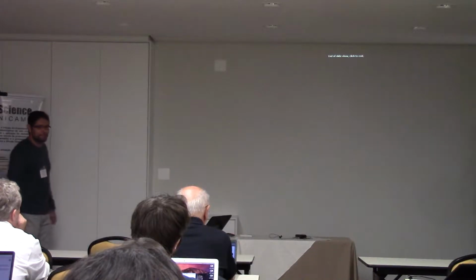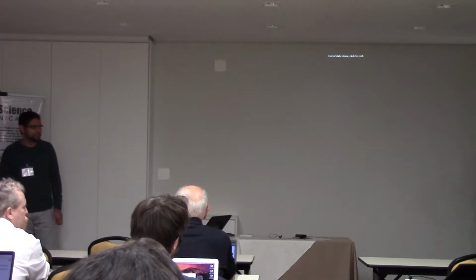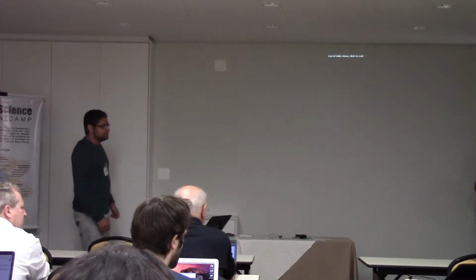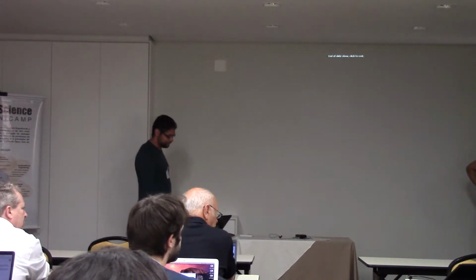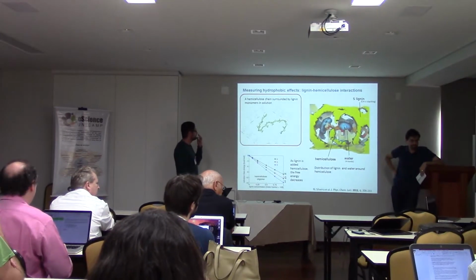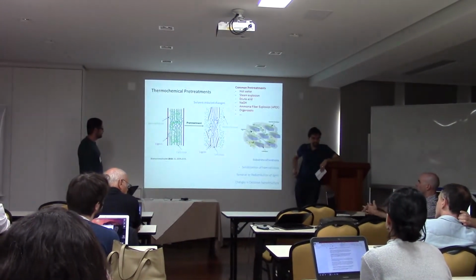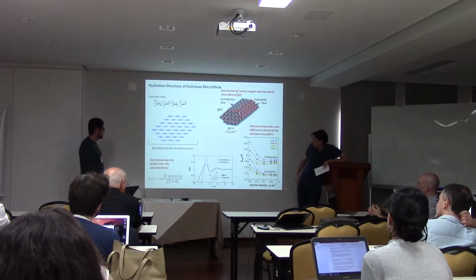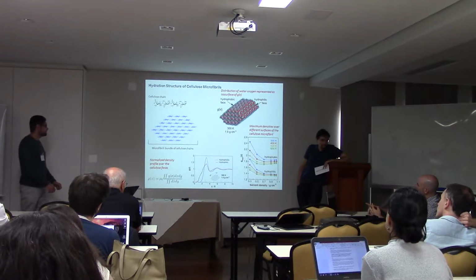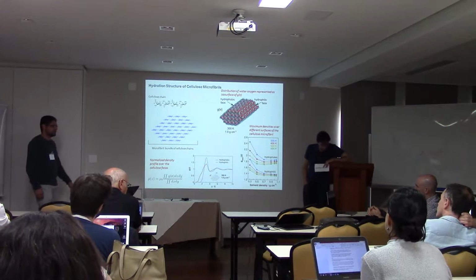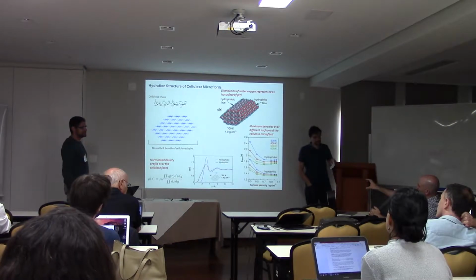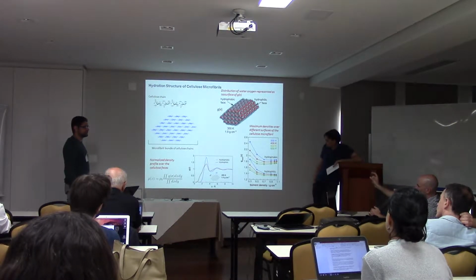Questions? Near the beginning of the talk, when you were looking at the radial or orthogonal distance density functions for water at the hydrophobic and hydrophilic surfaces, I'm just wondering why you're looking at the maximum instead of, for example, the integral.